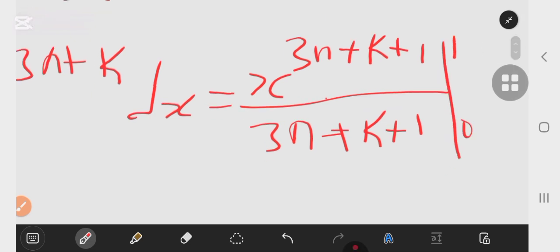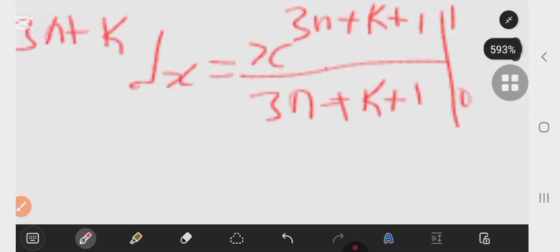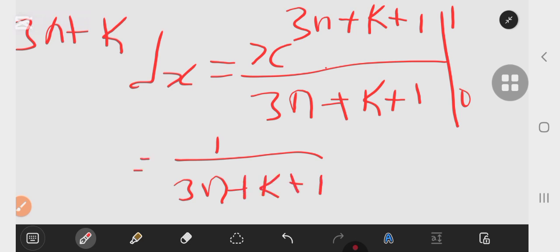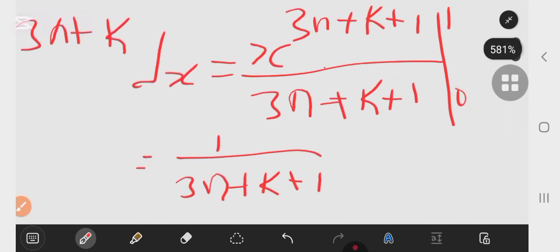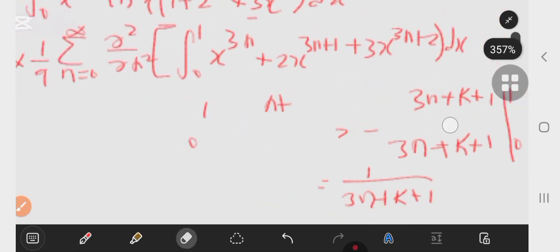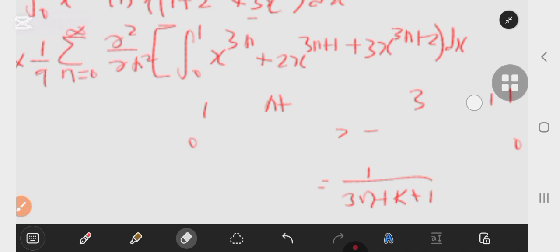First, substituting x for 1 gives me 1 over 3n plus k plus 1. Then substituting x for 0 gives 0, so I don't need to do that.